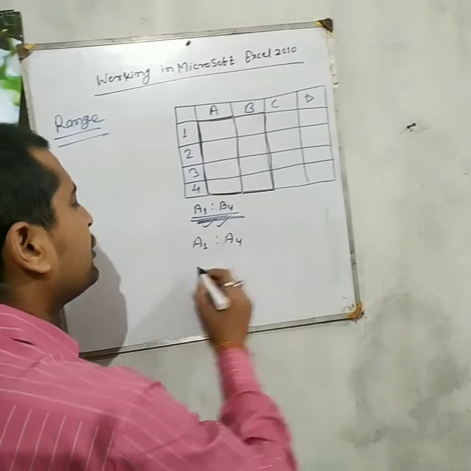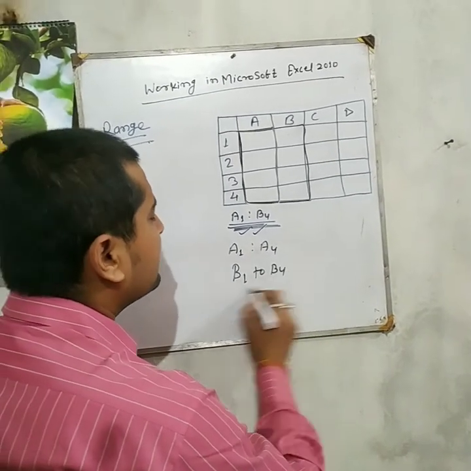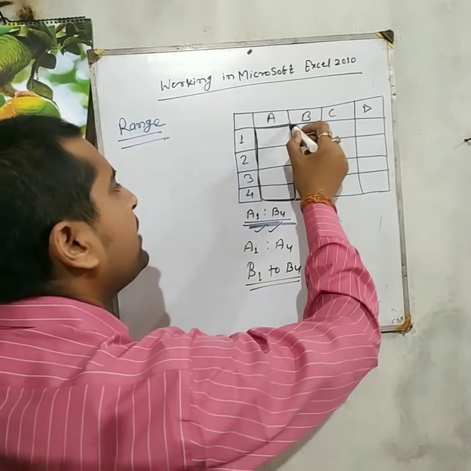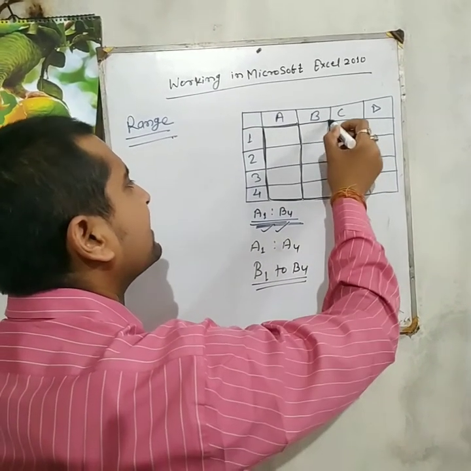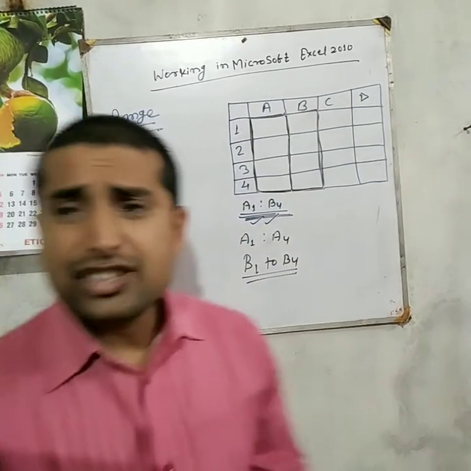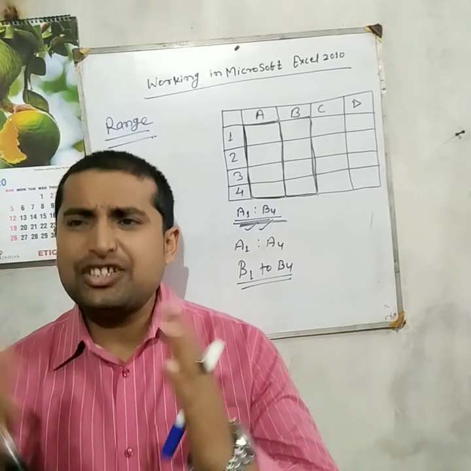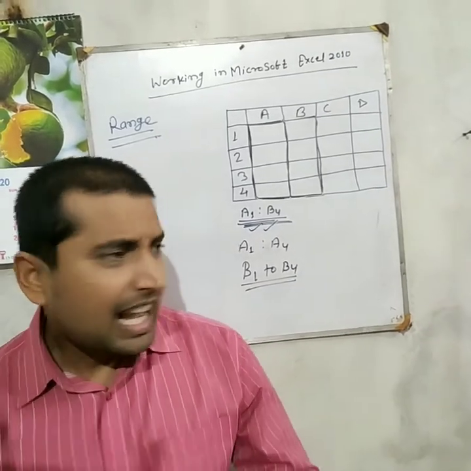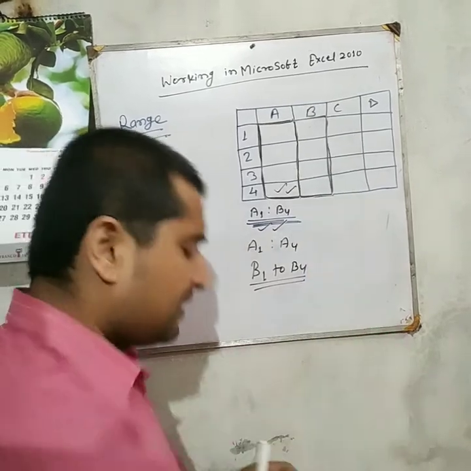And B1 to B4, it means what? B1 to B4, those cells will get selected. That is called the range. Next, how to select a range of cells?